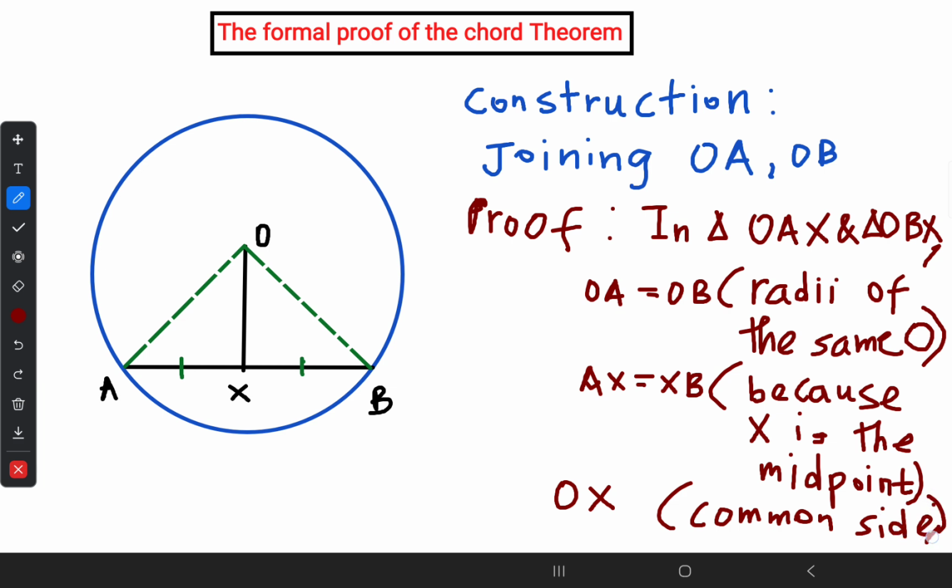So now we proved all three sides of this triangle equal all three sides of this triangle. It means therefore triangle OAX is congruent with triangle OBX under the condition of SSS. All three sides are same with each other.